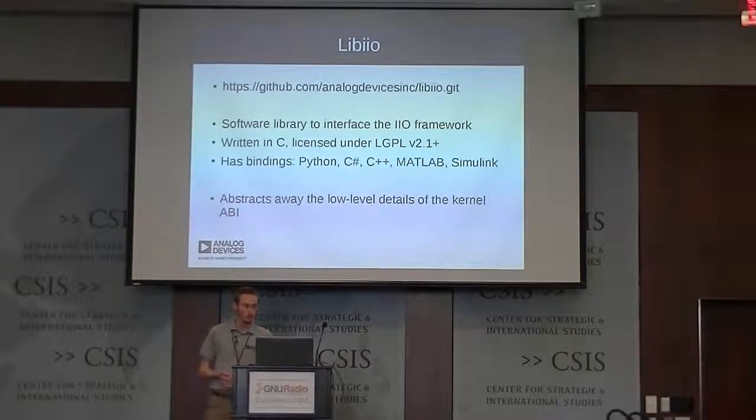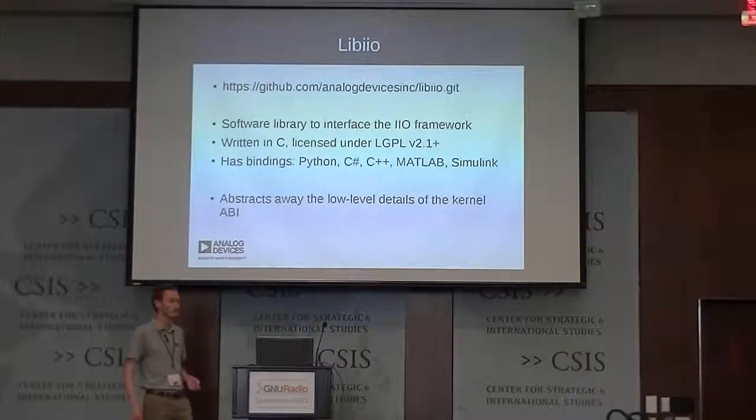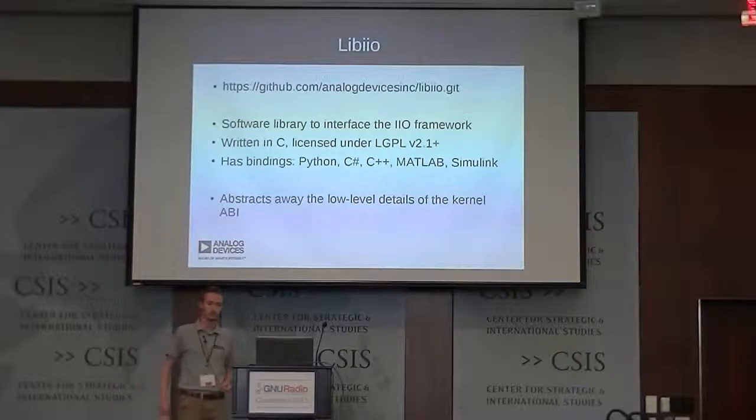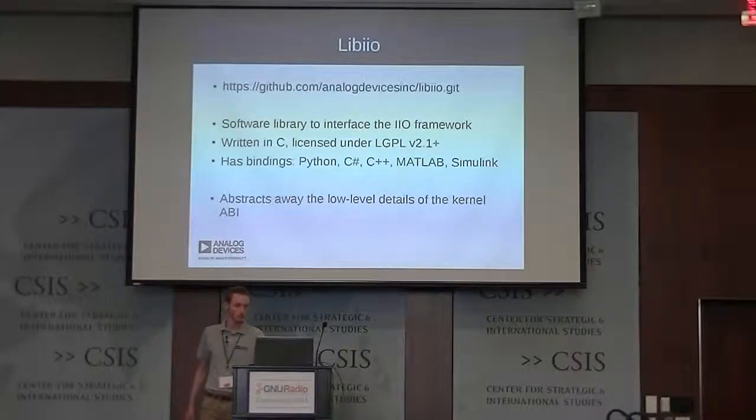So this is the URL at which you can get the library. It's LGPL version 2.1. It was written in C, but now it has lots of bindings for other languages. So it has Python bindings, C# bindings, C++, and can be used under MATLAB. It's more or less 1 year old now.